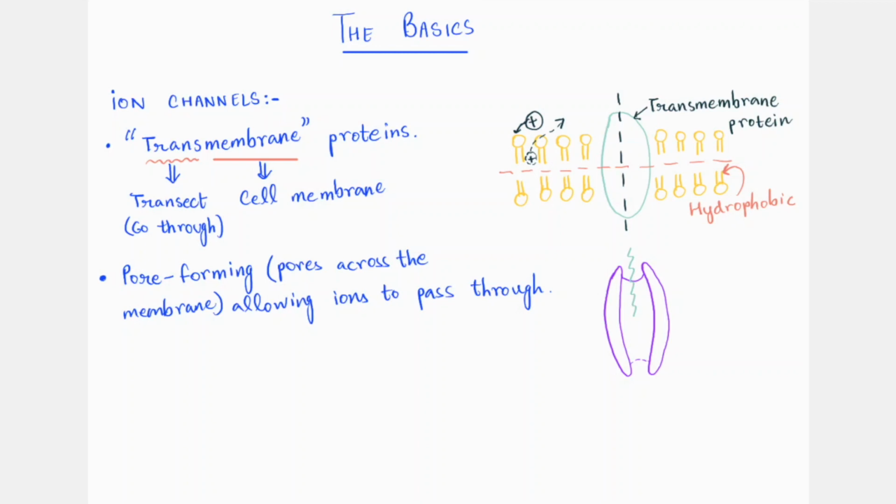The ion can pass right through that pore, and the ion is happy now. It's passed right through that pore, and the cell is also happy now because it has got those ions that it needs. Okay, so that's basically the function of the ion channel, allowing the ions to pass through.